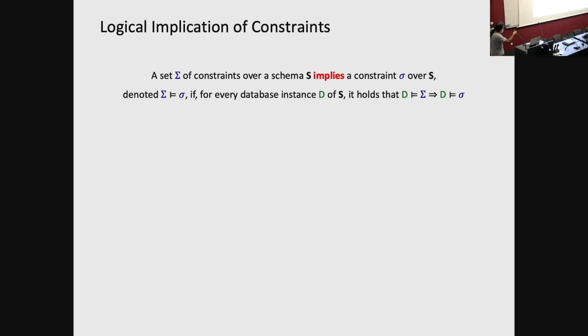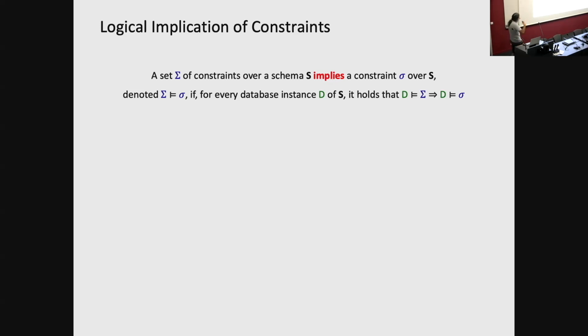So let's try to define first when a set of constraints implies a single constraint. Given a set sigma of constraints over a certain schema, we are saying that this set implies a single constraint, which I will denote in this way, if for every database instance D, whenever D satisfies the whole set sigma, then this database satisfies also the individual constraint.